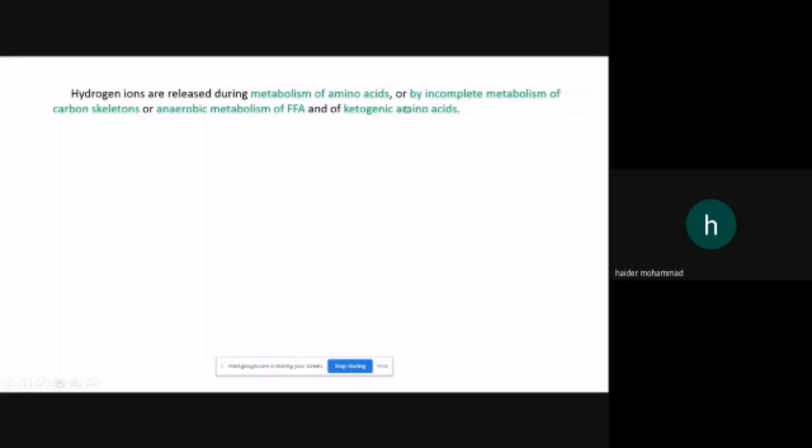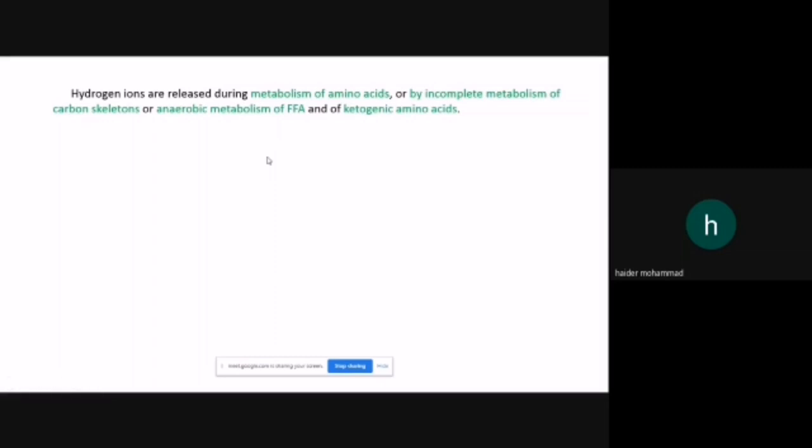Second source, incomplete metabolism of carbon skeleton. Hydrolysis of carbohydrate also releases hydrogen ions. Third, anaerobic metabolism of free fatty acids.